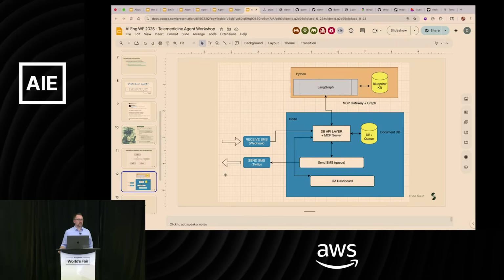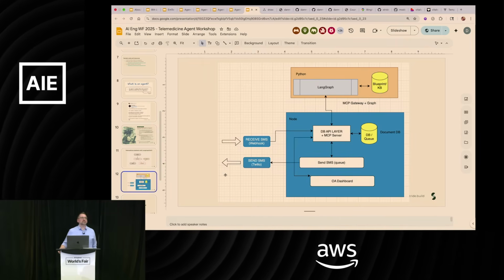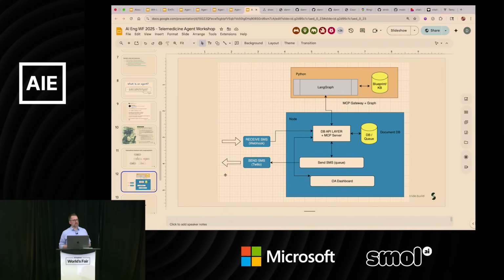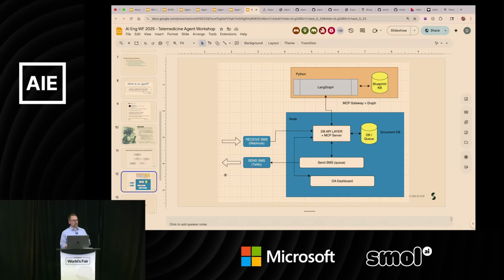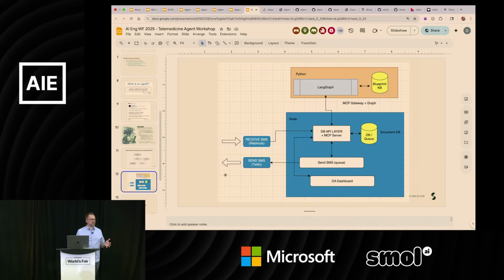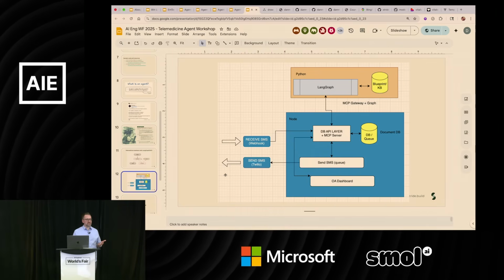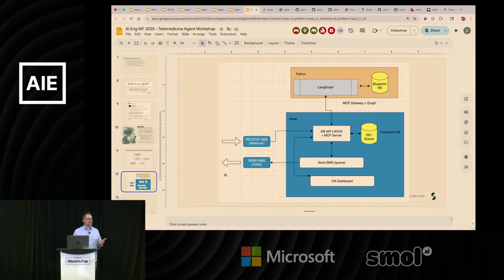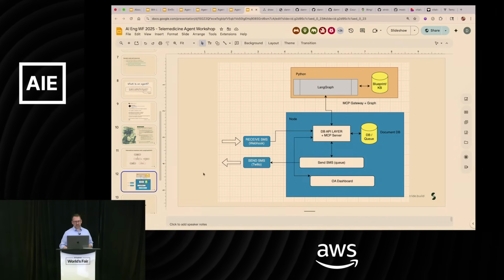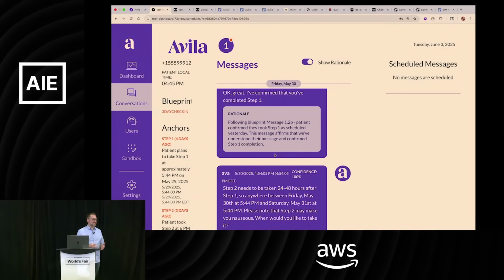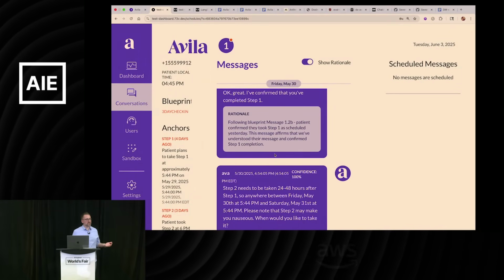Sorry, it's just a question about unclear instructions? When the situation is ambiguous, the LLM is told to look at the blueprint and pick the best possible answer. If you don't believe the answer is perfect, you should say so in the rationale. So if I go back over here, this idea of the rationale: if there is uncertainty from the model's point of view, it can say, I picked this blueprint response, but I'm not sure that it's right.